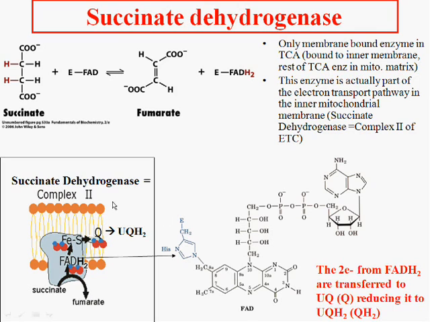We'll look at that later when we get to chapter 18 in the ETC, but please note two electrons are transferred from succinate via the FADH2 group of succinate dehydrogenase to ubiquinone, and ultimately ubiquinone gets reduced to UQH2 from its UQ form. Oftentimes you can write these as just Q or QH2 instead of UQ and UQH2.